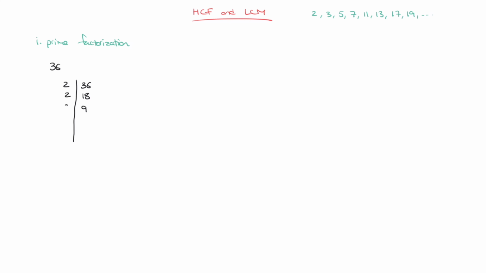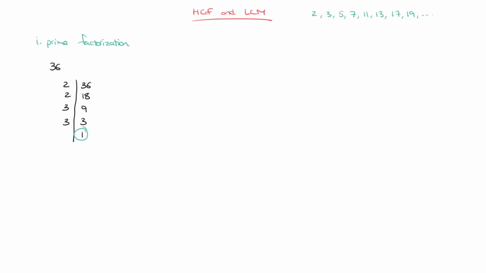So I write 3 right here. And 9 divided by 3 is 3. So I write 3 underneath. Finally, the smallest prime number that is a factor of 3 is itself, 3. So I write the 3 here. And 3 divided by 3 is equal to 1. And when you reach 1, you stop.